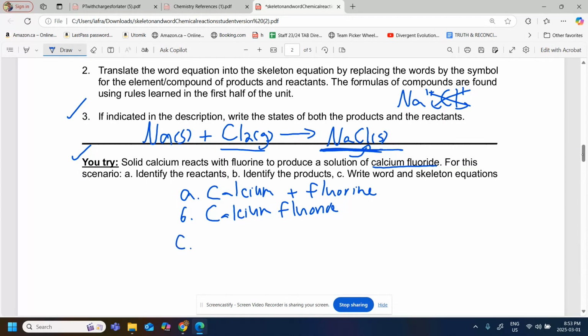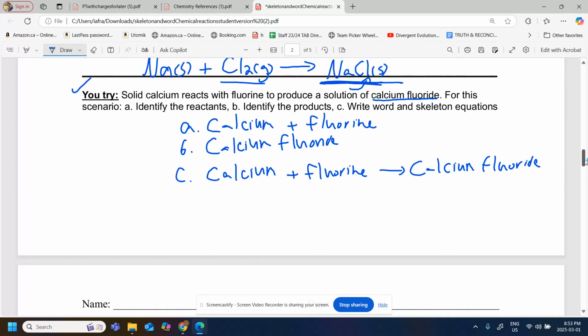Okay, C, we have to write a word equation. So for the word equation, we're just going to do calcium plus fluorine producing calcium fluoride, because it's our product on the right side of the arrow. Then we're going to do our skeleton equation.